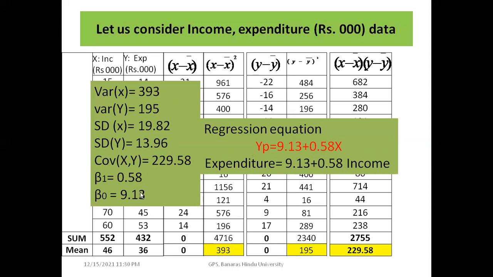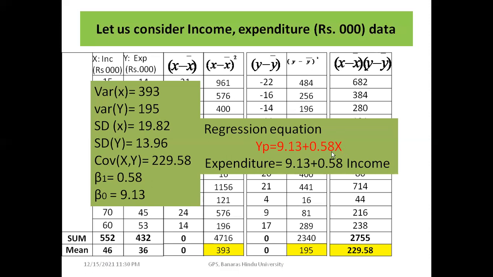And beta 0 is again calculated by the previous formula, and it comes to be this one. Now this is called the regression equation of Y based on X, meaning it will provide us the value of Y if we put any value of X.